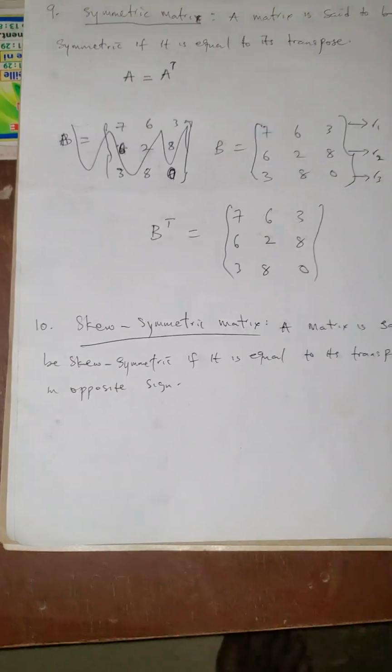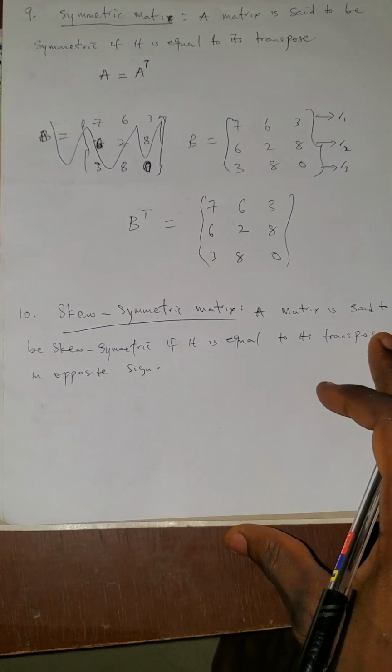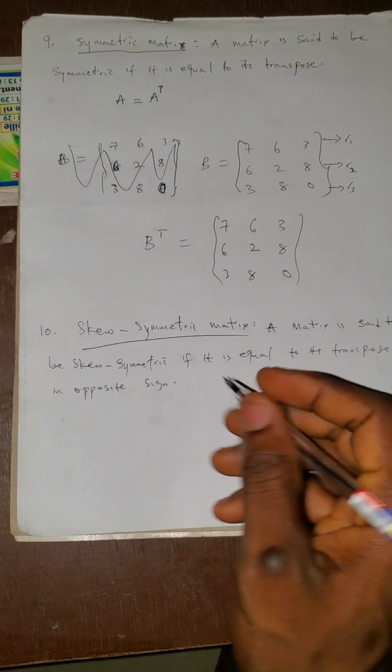So that is what we know as skew-symmetric: if it is equal to its transpose in opposite sign.